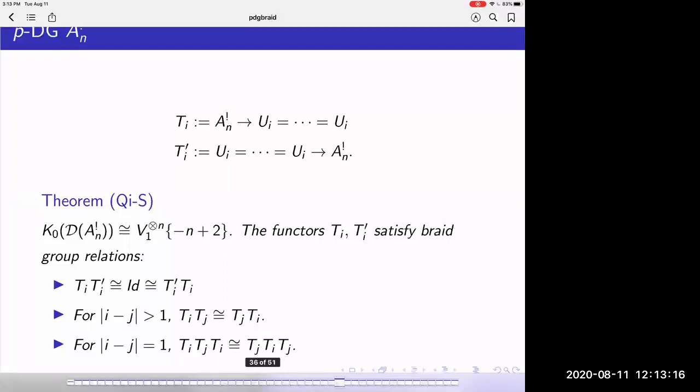Again, this is just restating what I said before. The Grothendieck group of the derived category of A_n shriek is, stating this in more representation-theoretic language, the second lowest weight space of V_1 tensor n, where V_1 is the standard sl_2 representation at a root of unity. And these functors T_i and T_i prime satisfy braid group relations. So we finally have a PDG braid group action.